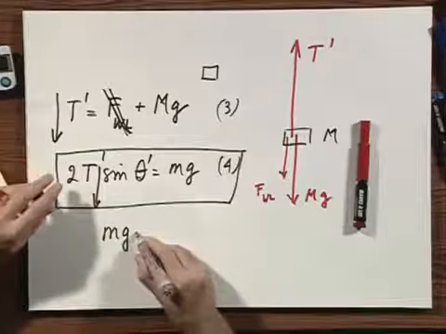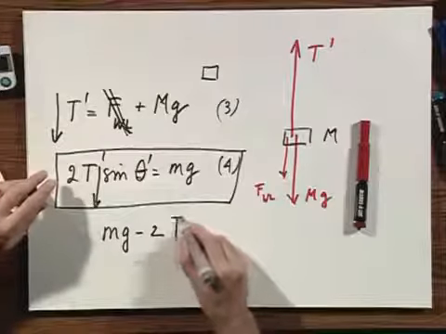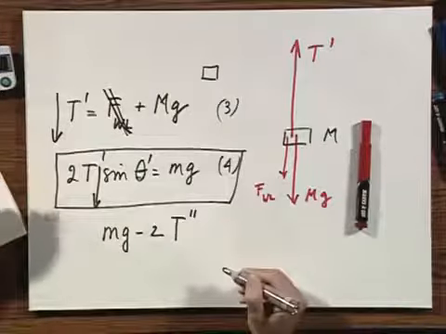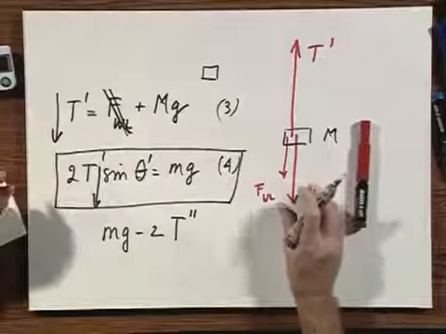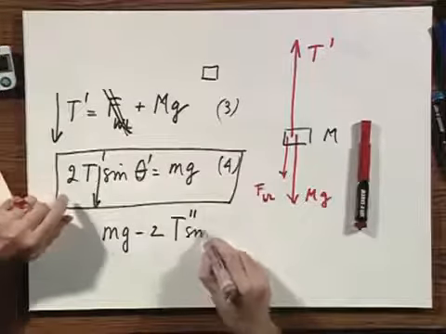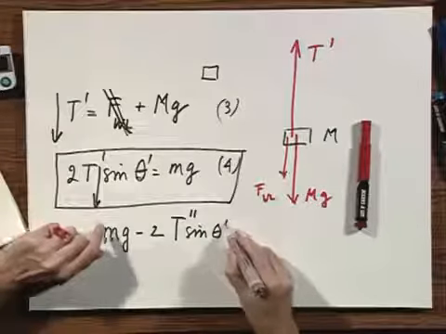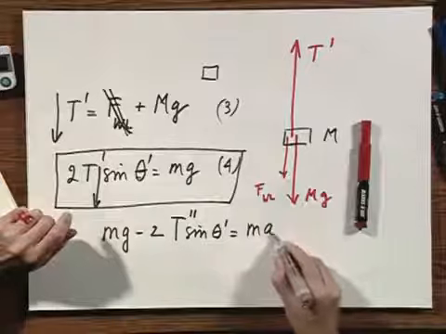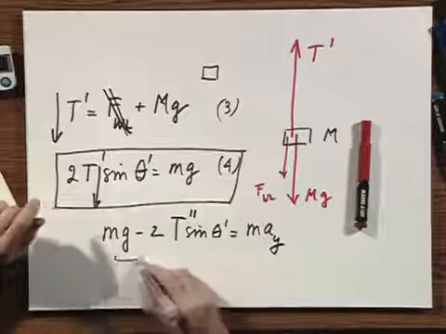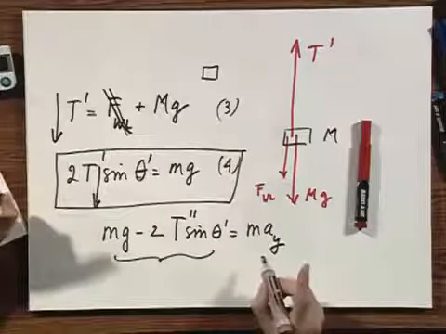mg minus 2T, which I'll call double prime, which is now the tension immediately after Walter-Lewin lets go, times the sine of theta prime, equals m times the acceleration in the y direction. This is no longer 0.